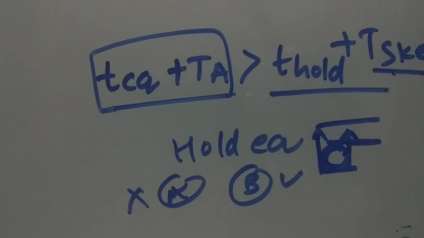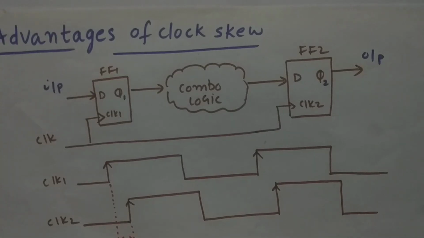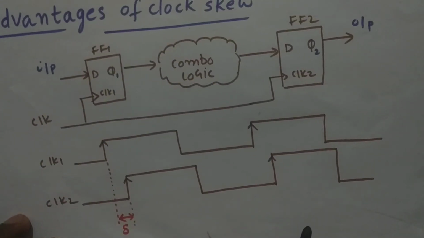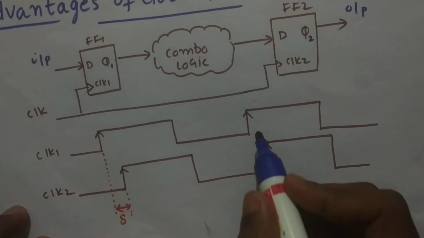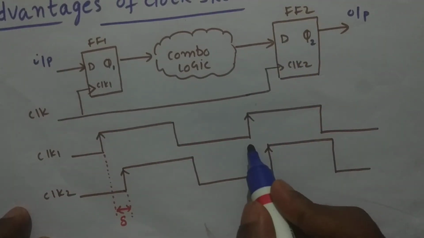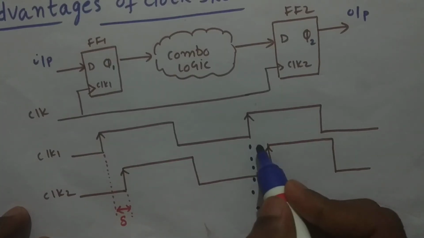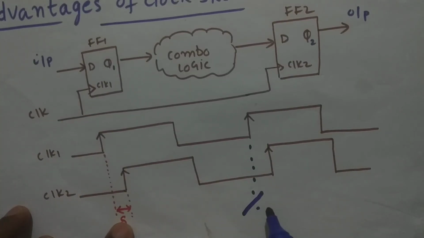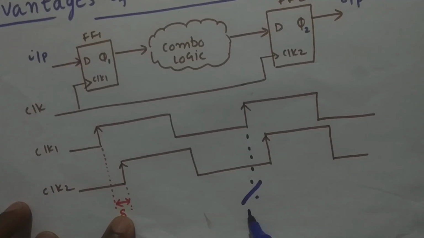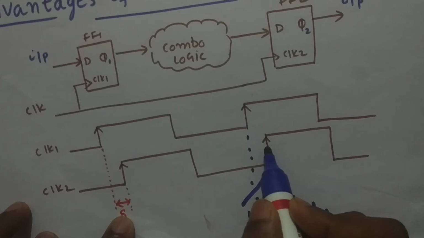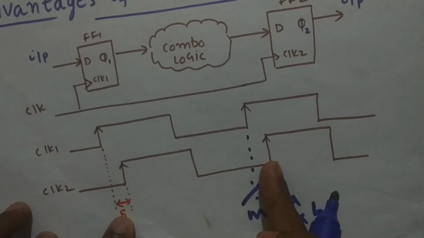Now let's discuss the advantages and disadvantages of the skew. So I'm going to discuss the advantages first. The advantage is that whatever input we are giving is reaching at this time. If no skew was there, this positive edge would be over here, and there the transition is not allowed. So if there is a transition over here, it would lead to metastability. If there was no skew, our clock edge would be over here.